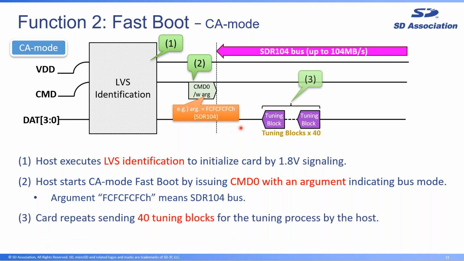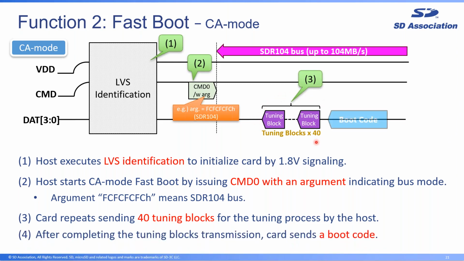Third, a card transmits 40 tuning blocks continuously. And finally, the host can fetch the boot code correctly. Operations 3 and 4 are the same as those of CV mode.